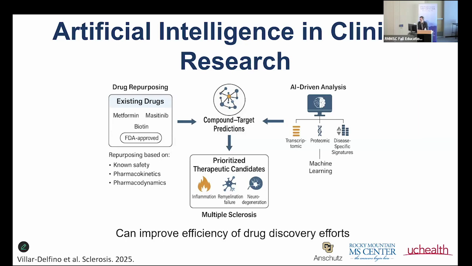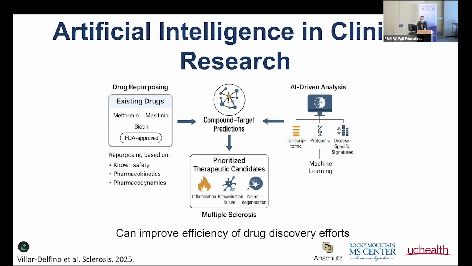I think another way that AI has been used is trying to understand how to repurpose drugs. So probably in the Q&A, we'll have some questions about remyelination therapies, for example. And so there's a lot of drugs that exist that we sort of know how they work. And there's some questions about, can we model with a computer system how that drug might do with something like myelin as opposed to having to do like a 10-year, 5-year clinical trial to figure that out.